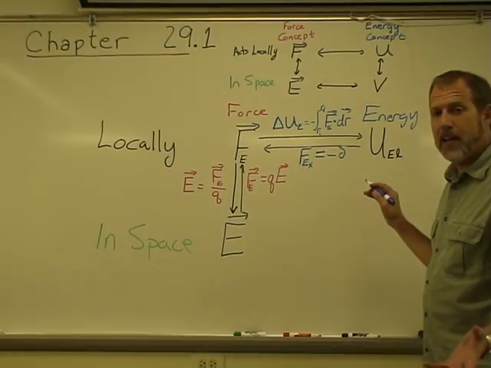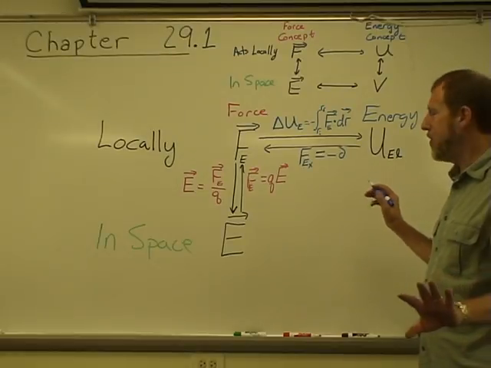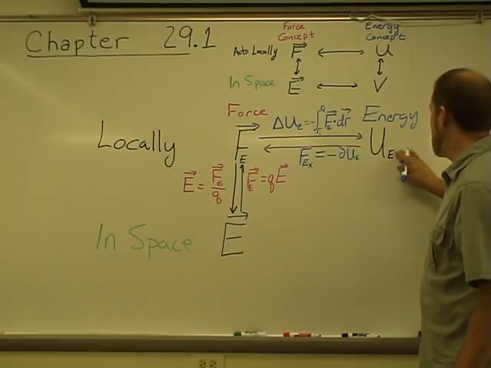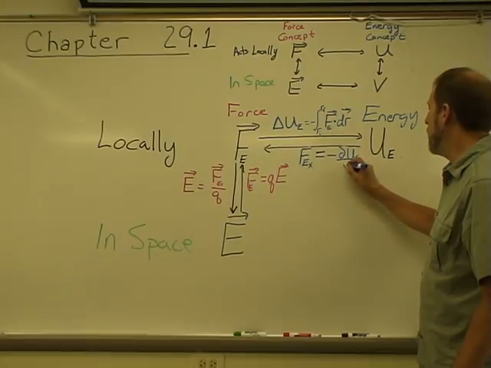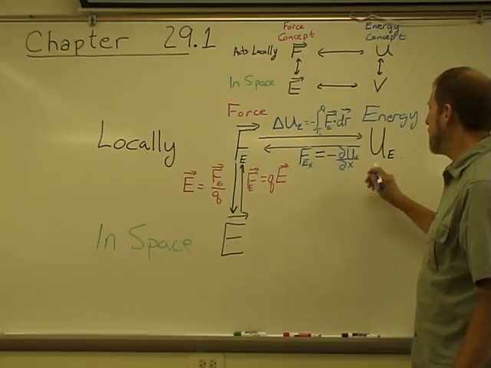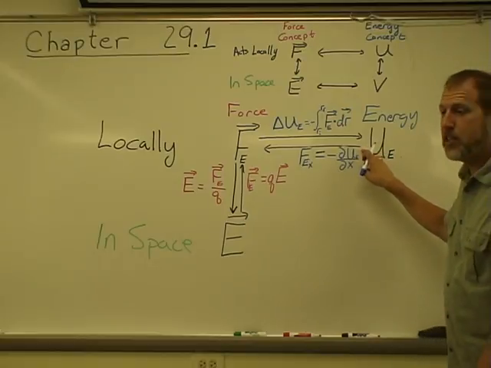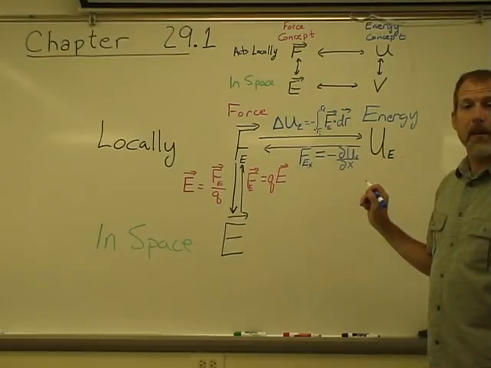Perhaps you have not seen that yet. All it means is that if I take the partial derivative of the electric potential energy function with regard to, in this case, x, that simply means when I take the derivative of the potential energy function, I treat only x as being a variable.